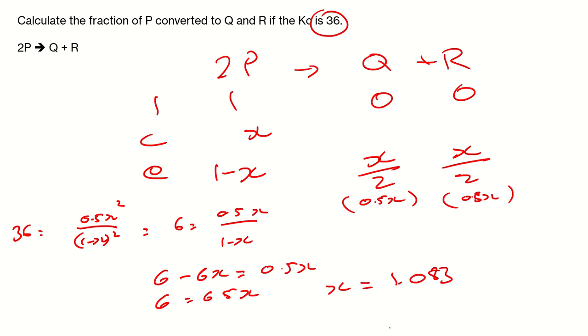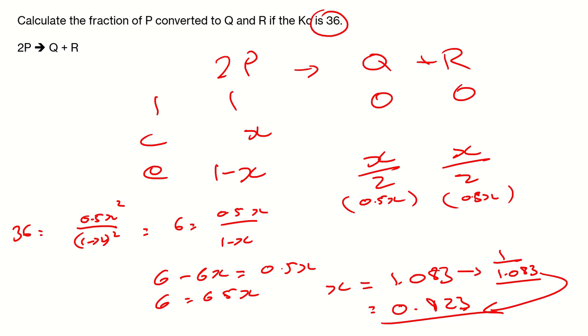So the fraction of P that has been converted is equal to 0.923, or if it was a percentage, it would simply be 92.3. The way I got that is 1 over 1.083. That gives me my fraction of P that has been converted into, in this case, Q and R.